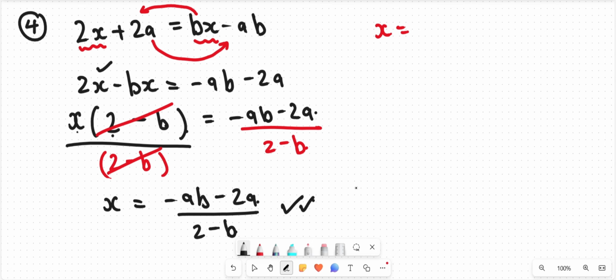And this would be my final answer. And there we go. Very easy. This is how you get the subject of the formula, but this one also included some factorization. Let's look at another one that includes maybe some fractions.